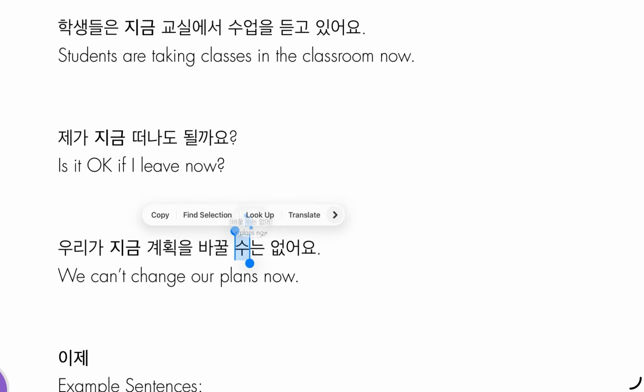수 means ability. So when we're adding some type of particle, 수가, 수는, it's just really adding emphasis that I do not have the ability. 수 없어요. I don't have that ability, right? 바꿀 수는 없어요. I don't know why I sound so robotic right there.